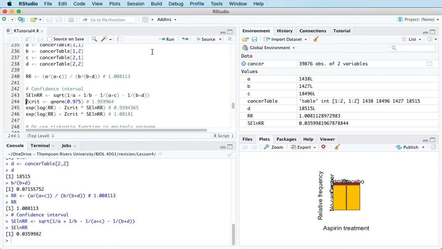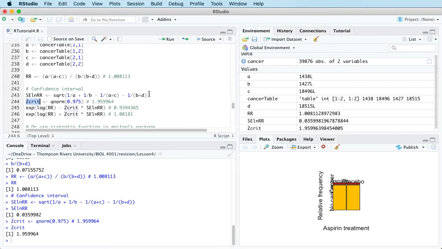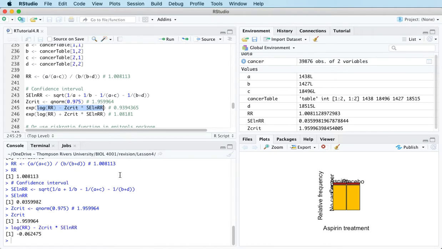Next, calculate a critical value from a normal distribution. For a 95% confidence interval, we're going to use the 97.5th percentile, which is a number that everybody should know by this point in time, 1.96. Then we can calculate the lower bound of the confidence interval for the log relative risk.